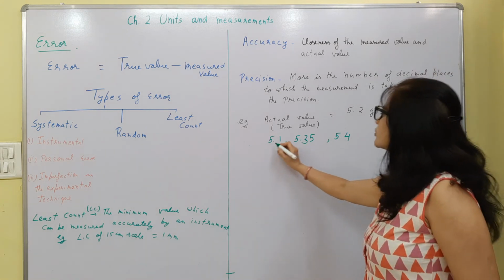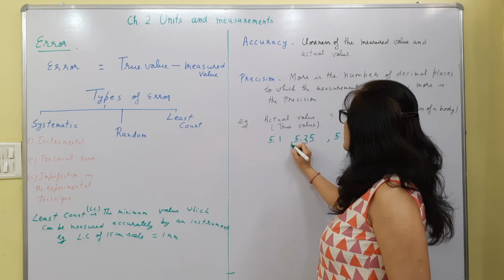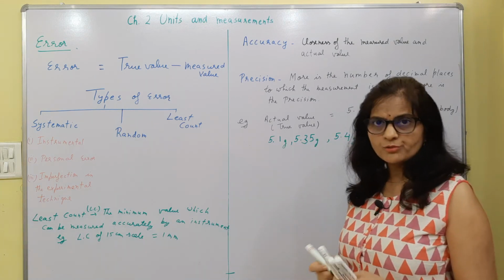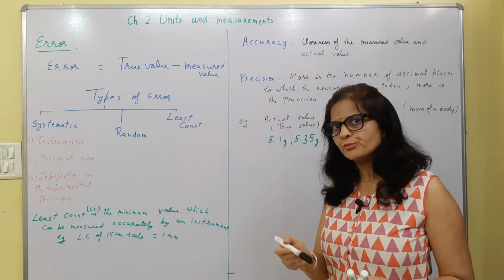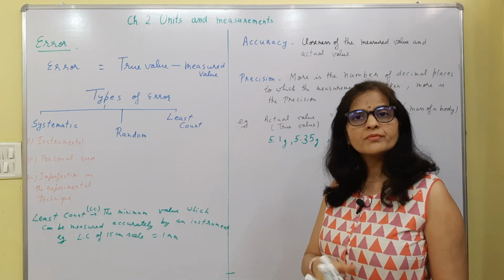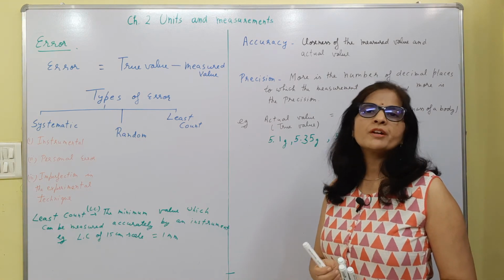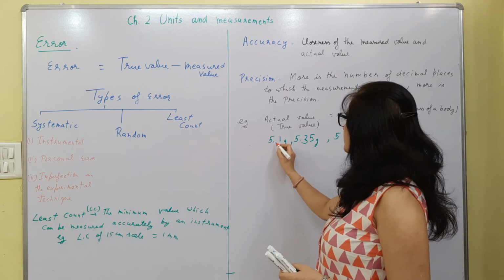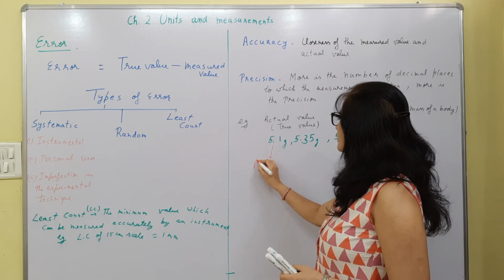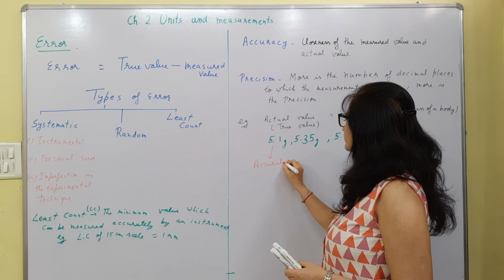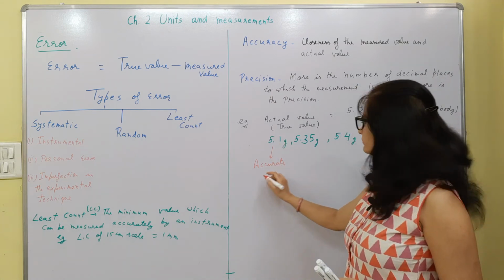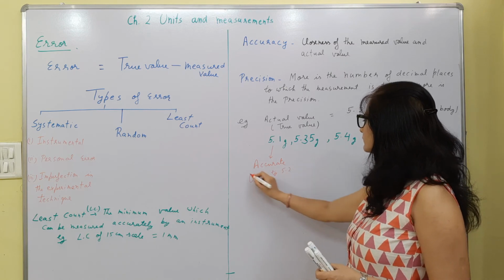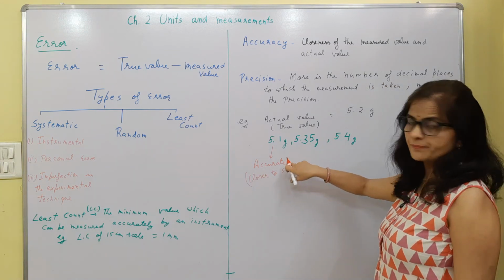So if you take the example of these three measured values, out of these values, the one which is closest to the true value will be called more accurate. The one which has more number of decimal places will be called more precise. So the closer the value to the true value, the more is the accuracy, right?